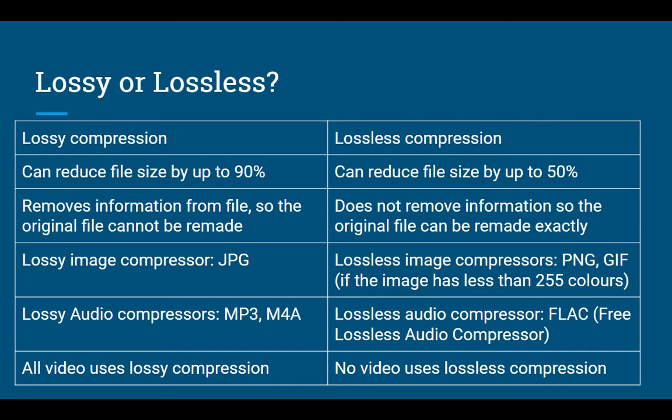And this is a fight that I have every year with some examiner somewhere, because GIF does use a lossless compressor if the original image has less than 256 colours, and less than 255. If the image has more than 255 colours, so I take a happy snap on my phone, comes to me as a JPEG or an HEIC, I then go and save that down as a GIF.